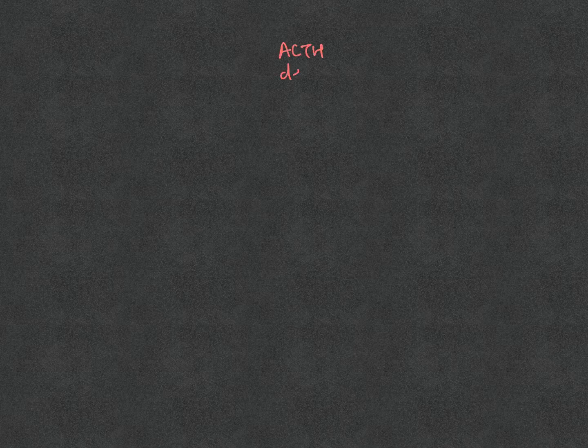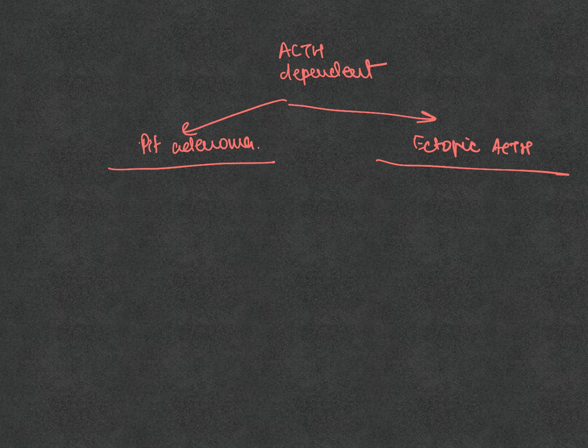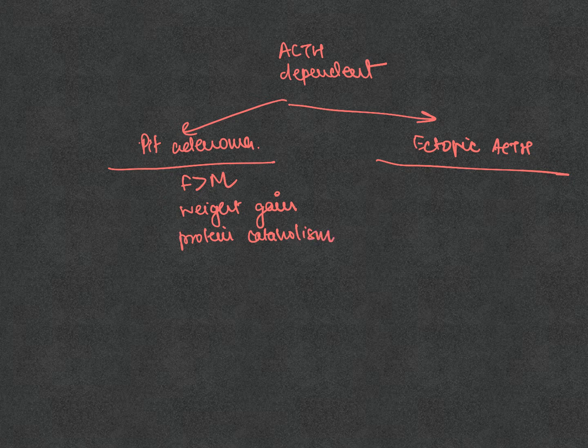So now how will we differentiate between ACTH dependent, in which there were two types? One was the pituitary adenoma, while other was ectopic ACTH. So in pituitary adenoma, it is basically a female preponderance disease. Causes weight gain, causes protein catabolism quite often.